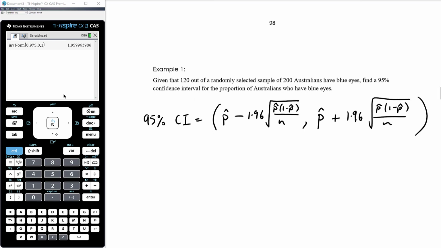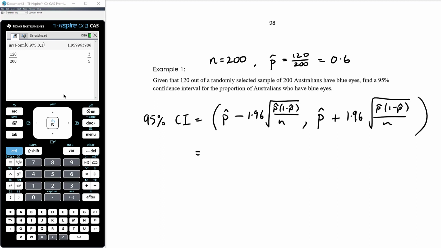Okay, so we need to work out those things. Given 120 out of a randomly selected sample of 200, n is 200, and p hat is 120 out of 200. 120 out of 200 is 60 out of 100, so that's 0.6 or 3/5.